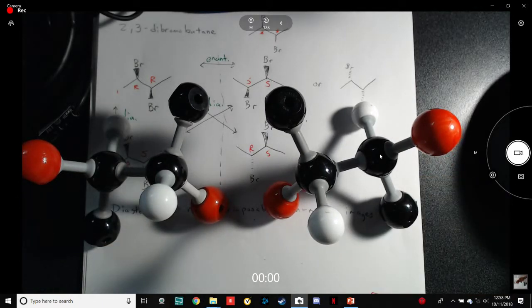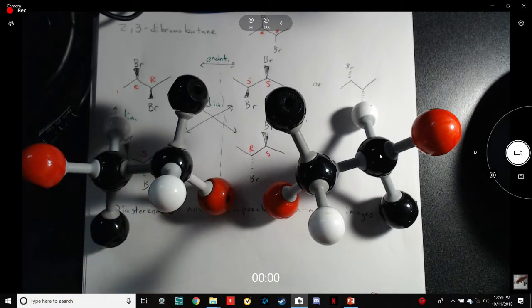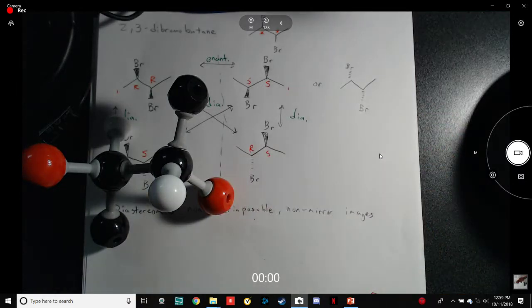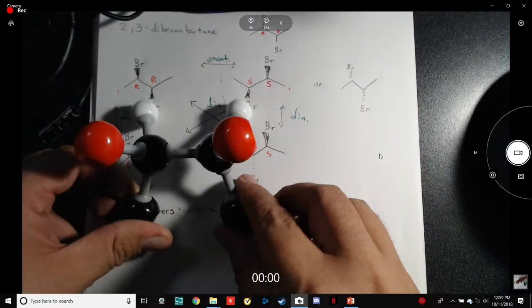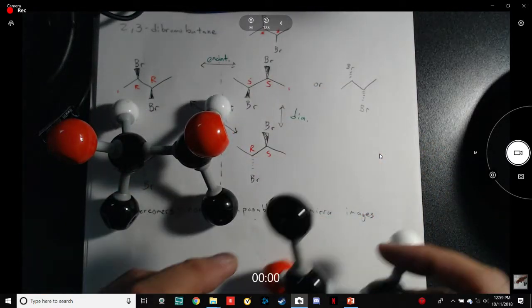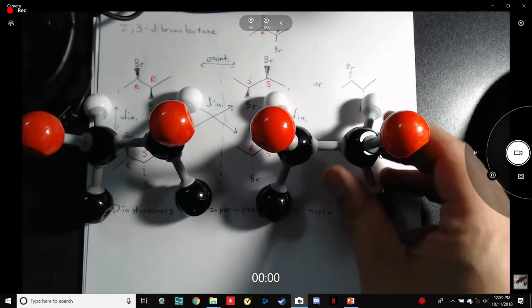All right, so it turns out that we had an RS situation happening here. That should actually be the giveaway. If you ever have a problem where you have the opposite designation within the same molecule, you want to start considering the possibility that the whole thing might be symmetrical. And here we do have an RS situation, and you can see if you rotate like that, and the other one was the mirror image, I'm going to also rotate it like that as well.